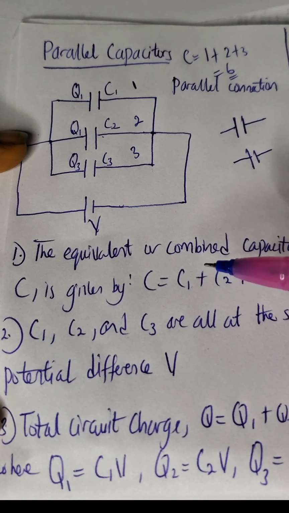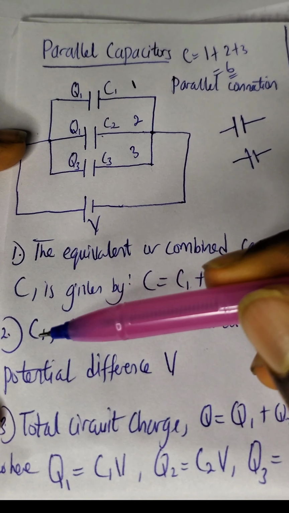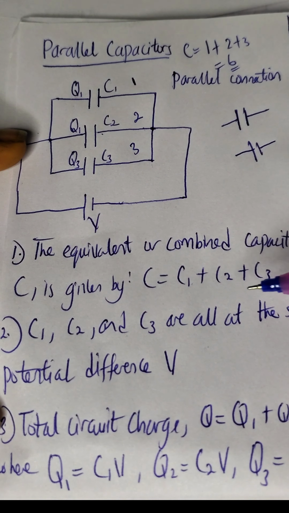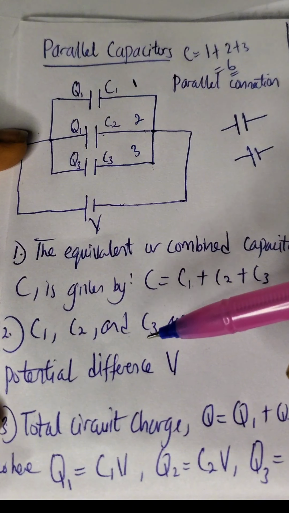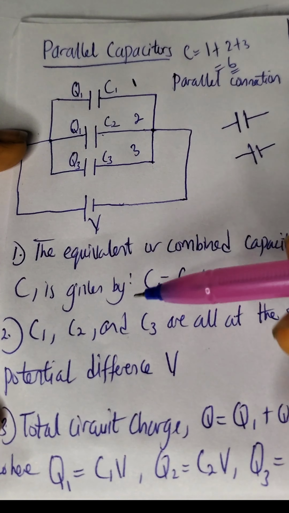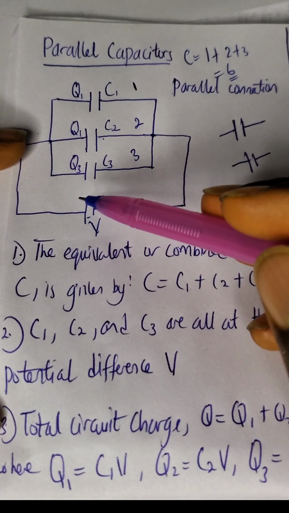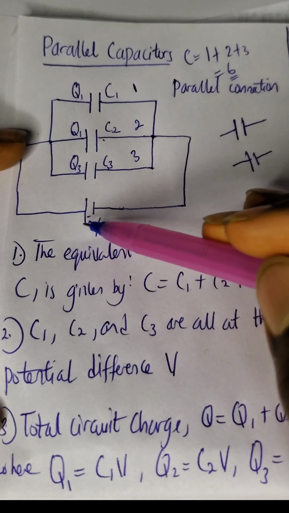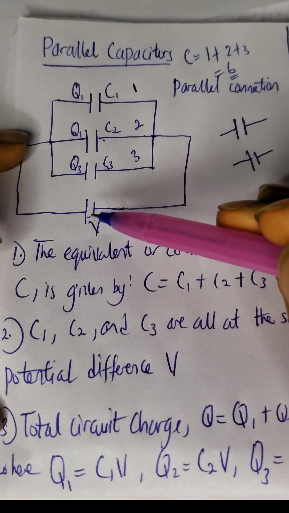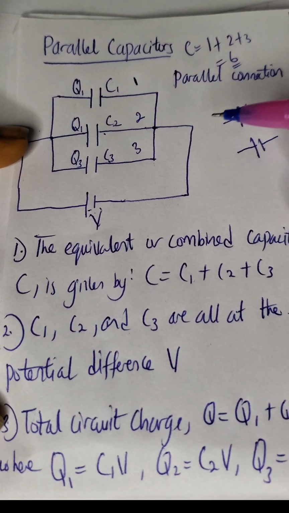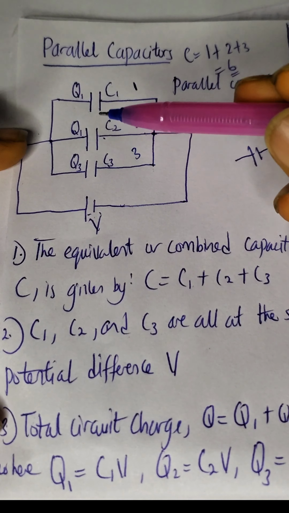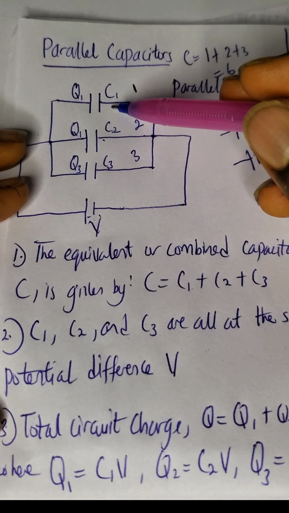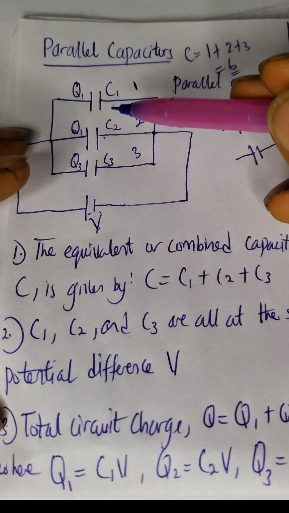You add it directly. Now, the second rule you need to know is that C1, C2, C3 are all at the same potential difference. This is not the case for series connection. For parallel connection, they are all at the same potential difference. Do not forget this. Now, for parallel connection, each of the capacitors has its own charge.